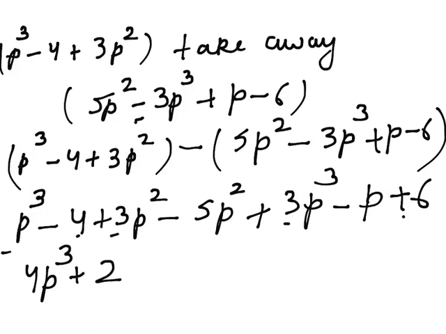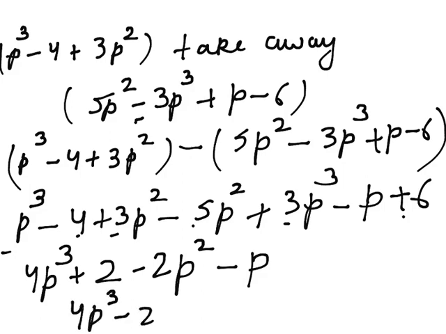Plus 3p square minus 5p square will give us minus 2p square. That's it. Then we are left with minus p. So here the answer comes out like 4p cube minus 2p square minus p plus 2.